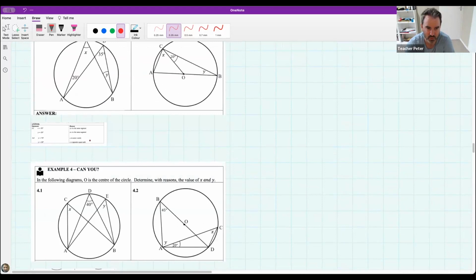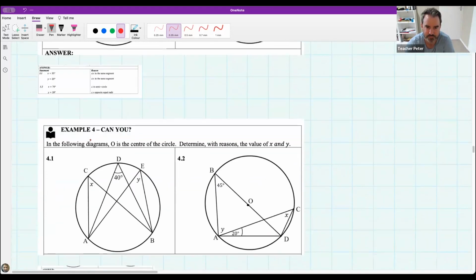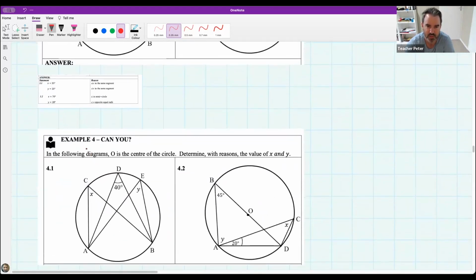Okay, let's do one more question here. Or let's do two more, rather. So I want you to find me the value of x and y in question 4.1. And I want you to find me the value of x and y in question 4.2.